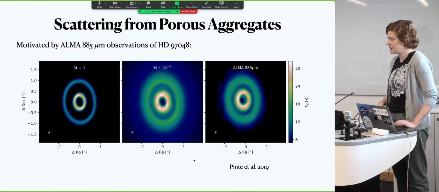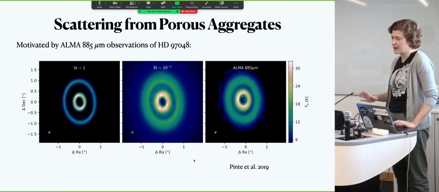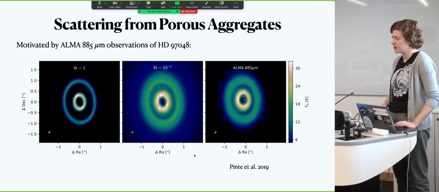And we think that for some sources investigating scattering from porous dust grains is a promising direction to go in, because, for example, in these observations of HD 97048, Christoph in his 2019 paper showed that if you've got compact dust grains of a certain size, they'll create rings that are much thinner than what you actually see in the ALMA observations.